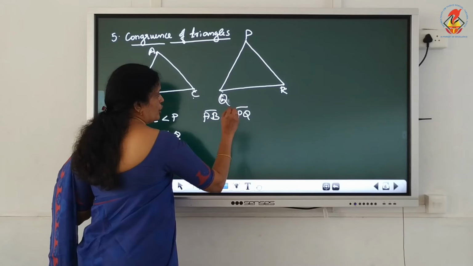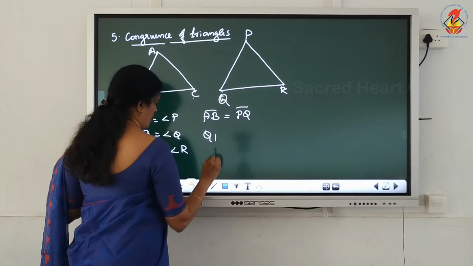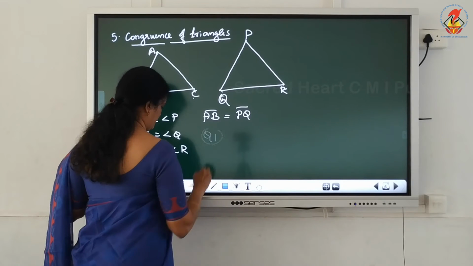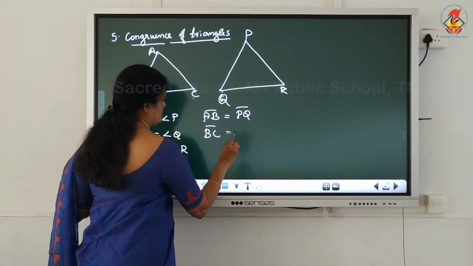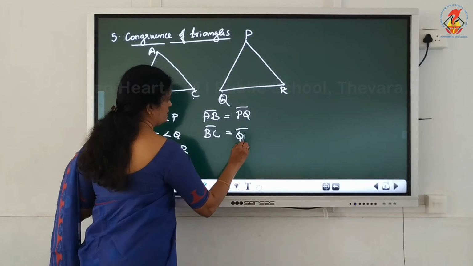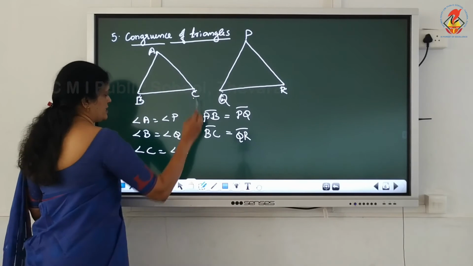Next, QR falls along BC. Next, PR falls along AC.